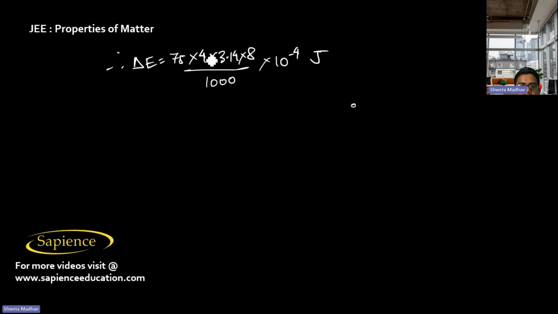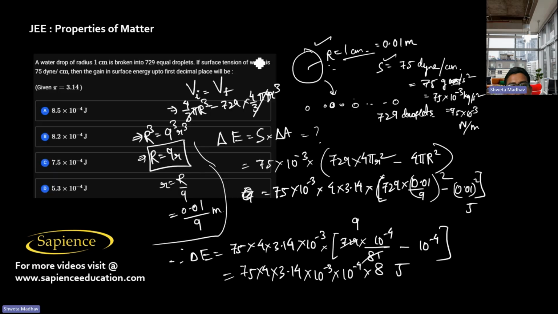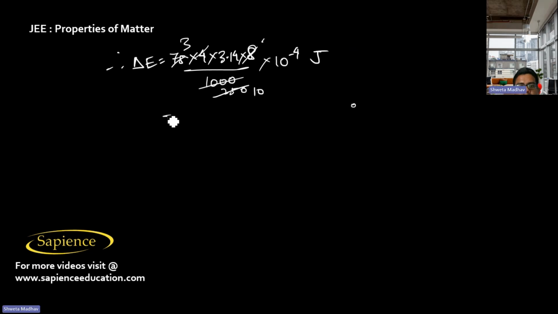So now we can cancel. 4 2s are 8, 4 5s are 20. 3 8s are 24, 24 into 5, 3.14 divided by 10, so 2.4 into 3.14 into 10 power minus 4 joule.